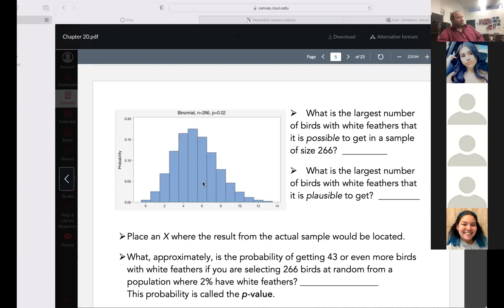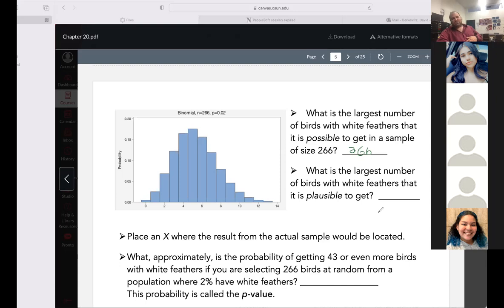If I take a sample of size 266 and I count the number of birds that have white feathers, what is the largest possible number that I can conceivably get in the universe? How many of those 266 could possibly have white feathers? Based on the graph or just based upon possibilities? 266. Yeah, in theory, all of them could have white feathers.